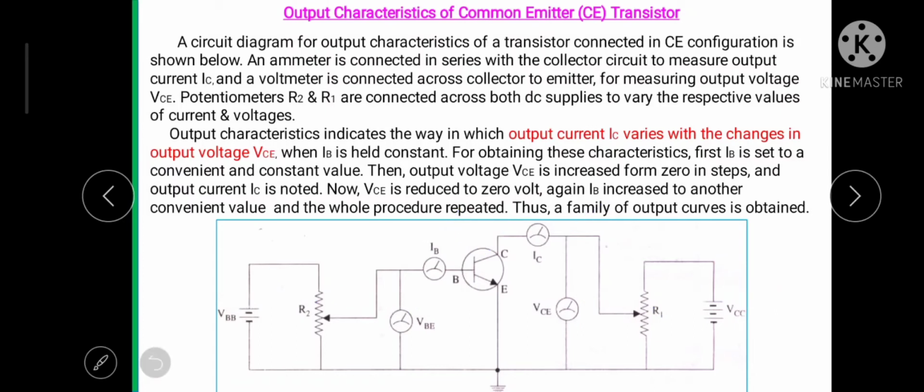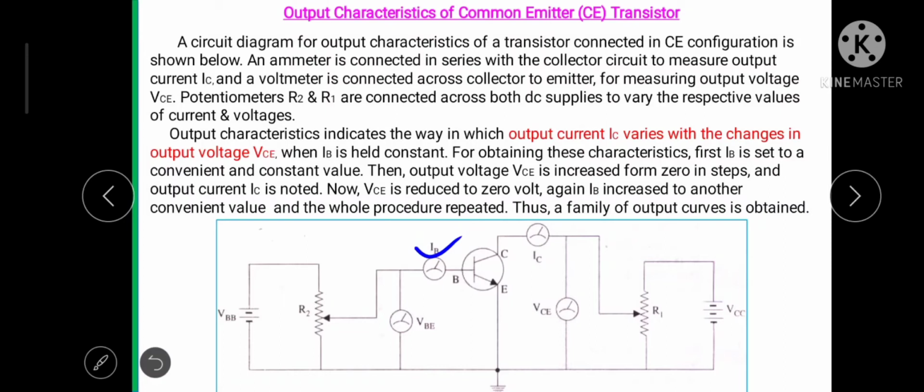Actually, the output characteristics indicate the way in which output current, meaning collector current, varies with changes in the output voltage, that means voltage VCE, and this is measured when the input current, that means IB, is held constant. For obtaining these characteristics, first this base current IB is set to a constant and convenient value.